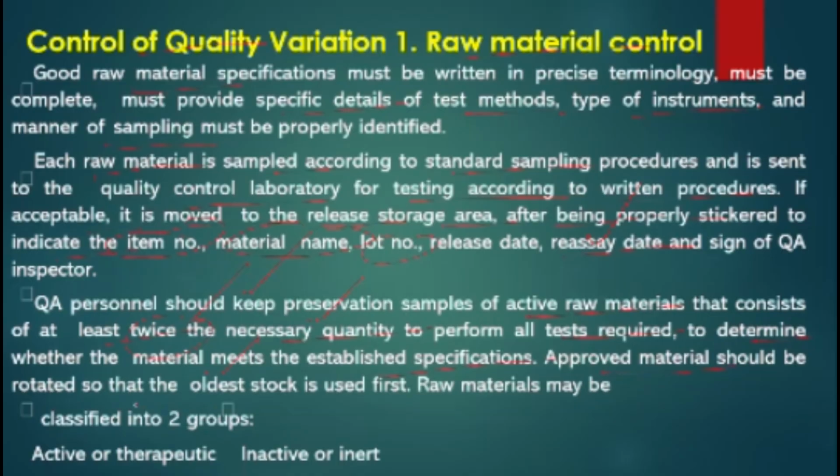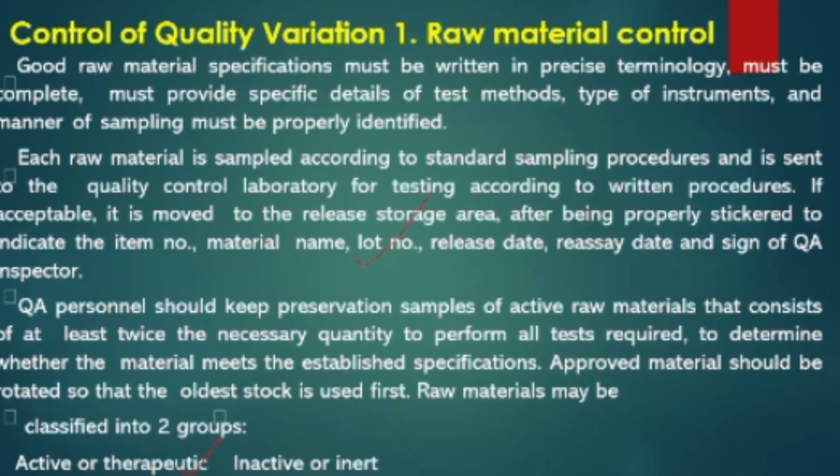Approved material should be rotated so that the old stock is used first, and the raw materials may be classified into two groups, active or therapeutic and inactive or inert. Here, sampling follows standard procedures before testing in QC labs, and approved materials are stored systematically for use, and QA ensures preservation samples are retained for future testing.